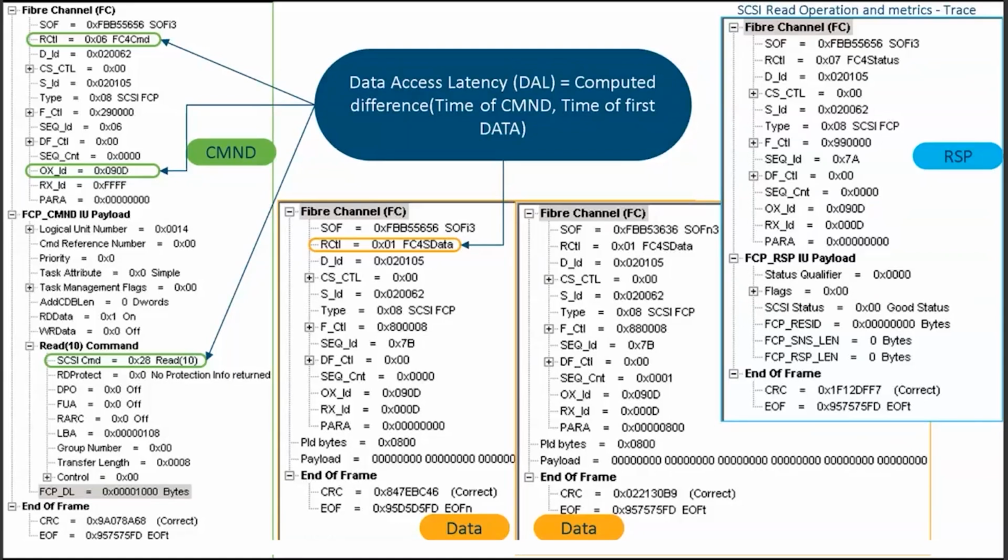But the time of first data is maybe taken on the storage port, the one facing the storage. So in between, you have the latency of the switch. I would like to understand, do we take the time on the same side of the switch or not?